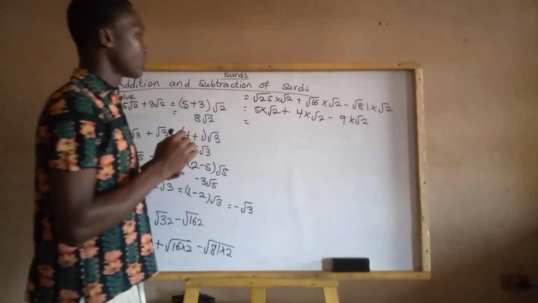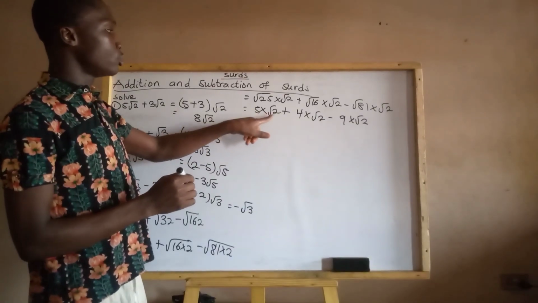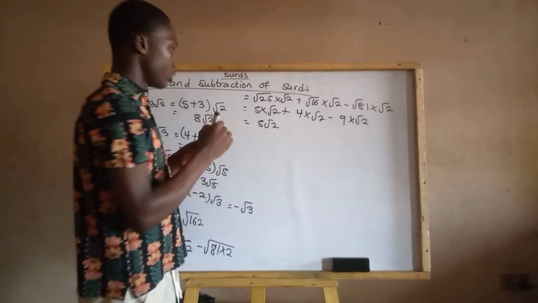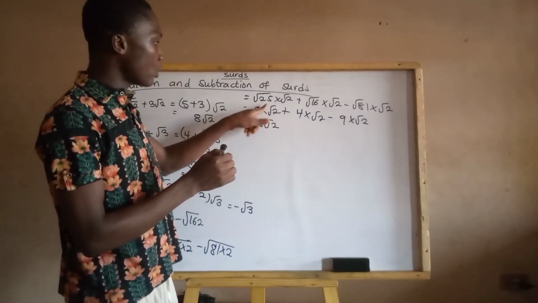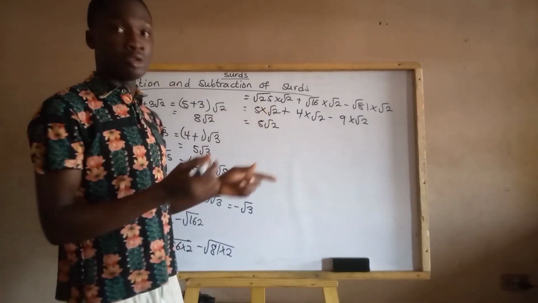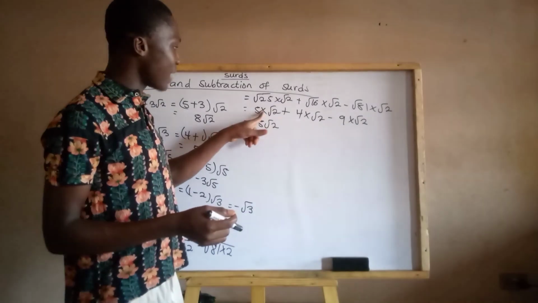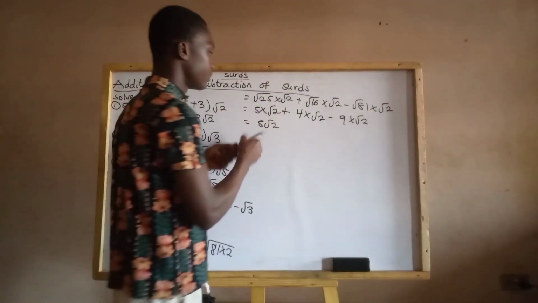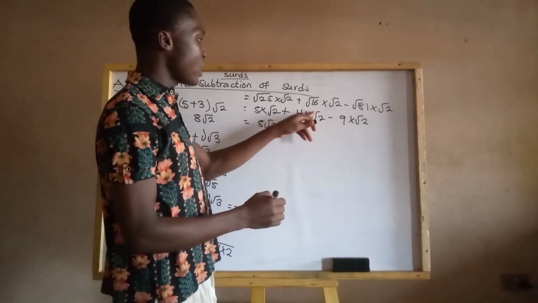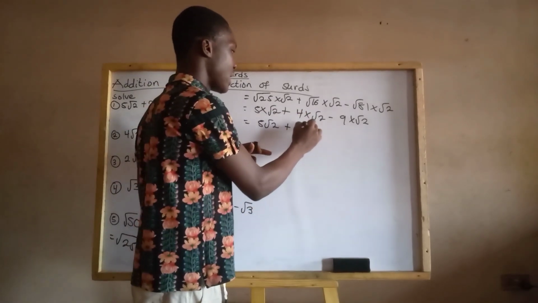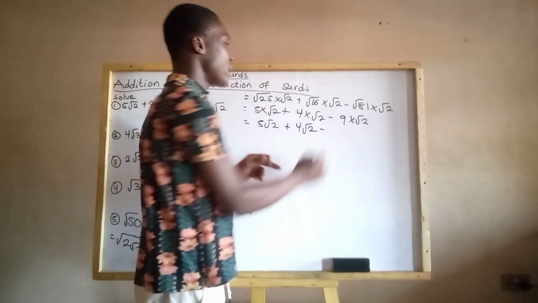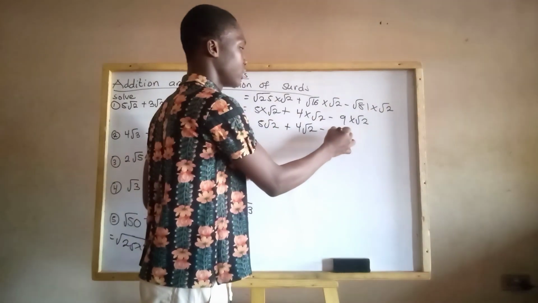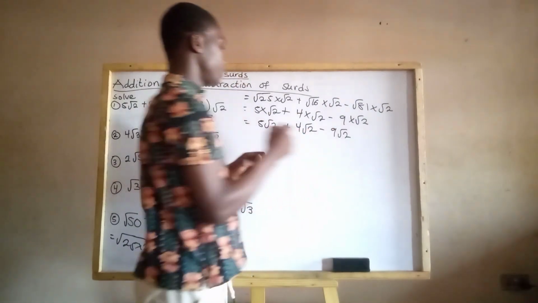And now we have 5 times root 2 giving us 5 root 2. Here the 5 multiplies the 1 in front of the root 2 that we don't write. So 5 times that 1 gives 5 root 2, plus 4 times the 1 here gives 4 root 2, minus 9 times 1 gives 9 root 2.